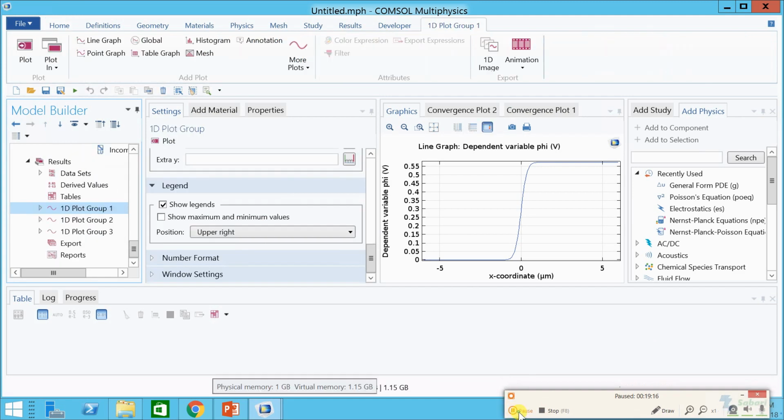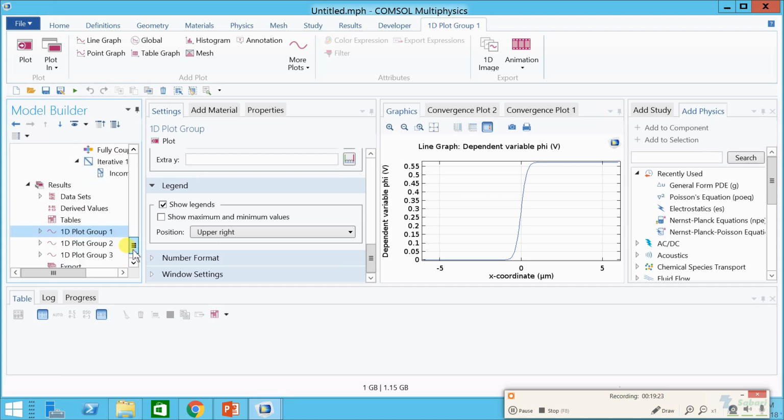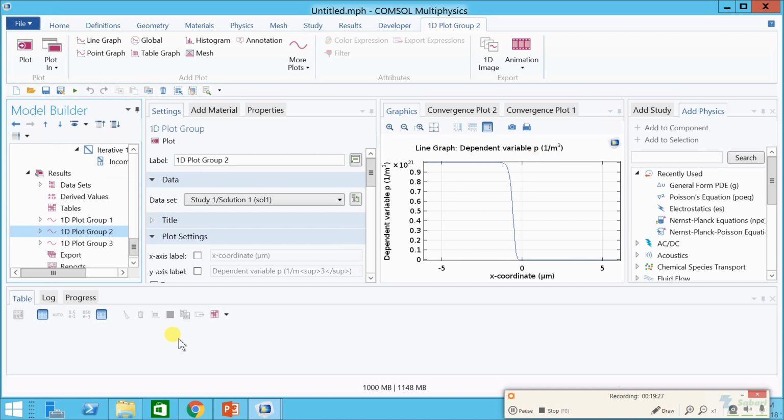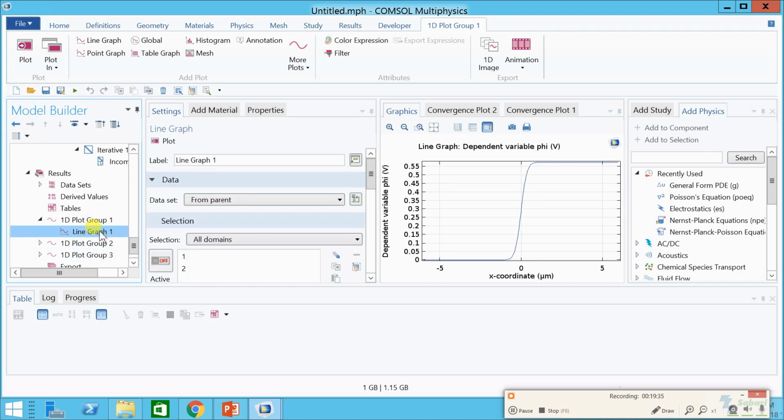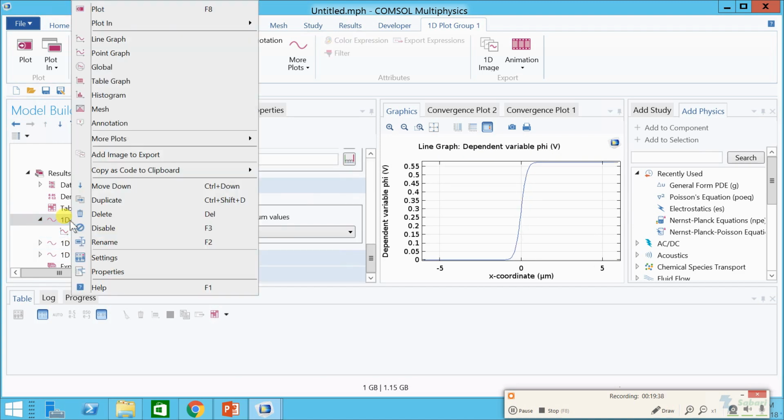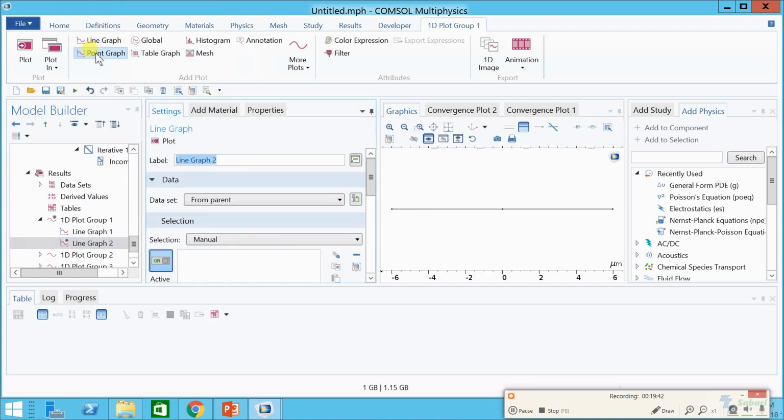On computing we got the values. This is for potential, this is for P, this is for N, and now we are going to calculate, let me calculate a line graph. In the line graph I'm going to select everything, and I'm going to calculate the space charge.